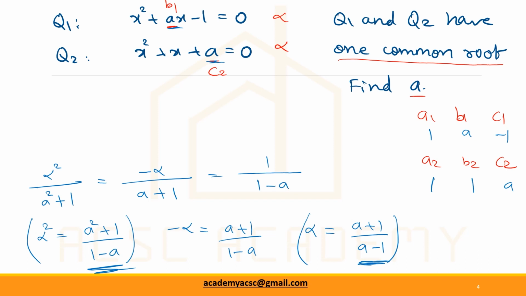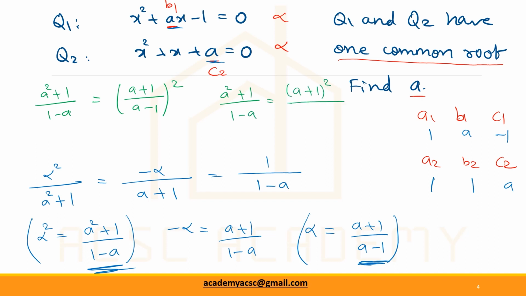So now here we'll say alpha is (a squared plus 1) upon (1 minus a), which is the value of alpha squared, and that would be (a plus 1) upon (a minus 1), the whole squared, after eliminating alpha. So now we'll say that (a squared plus 1) upon (1 minus a) is equal to (a plus 1) the whole squared, and to this we can write (a minus 1) the whole squared as well without any issues.